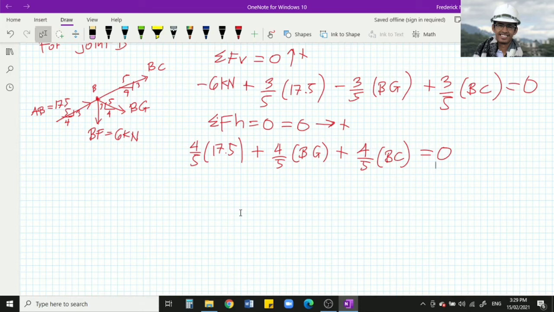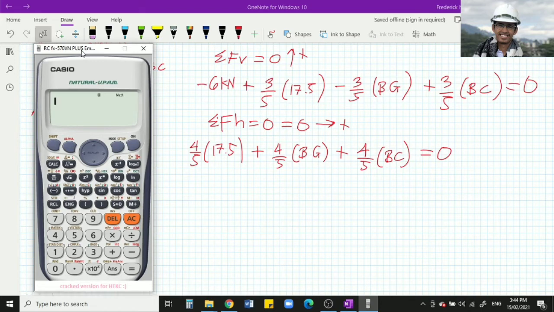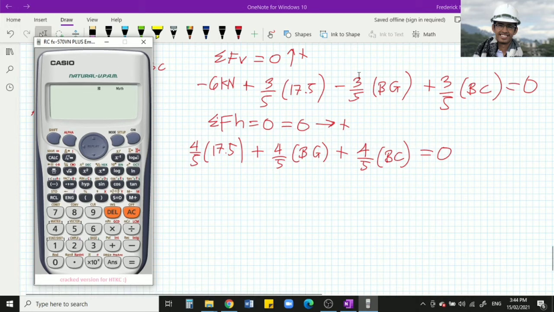So pwede nating ma-compute using diretsong input sa calculator. Kung ganitong calculator yung gamit nyo, either FX 570 or FX 991 ES, pwede nating i-input diretso sa ating calculator.